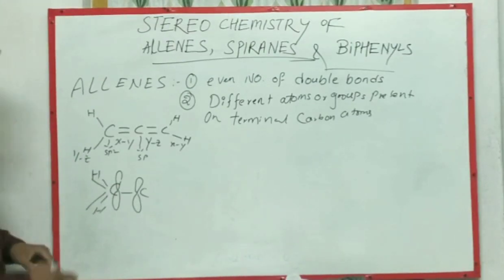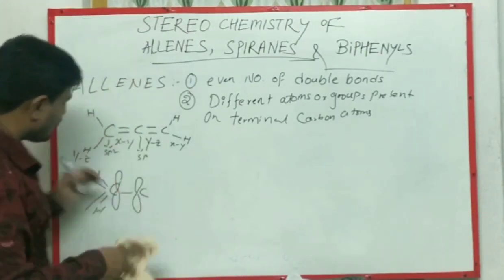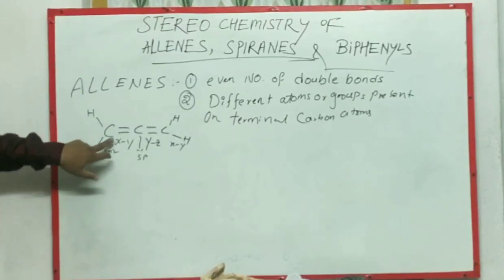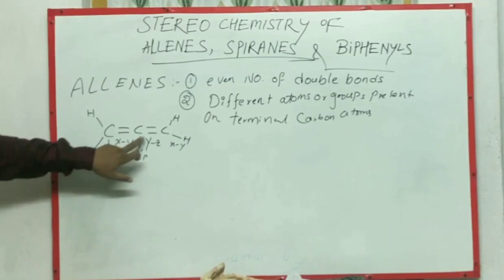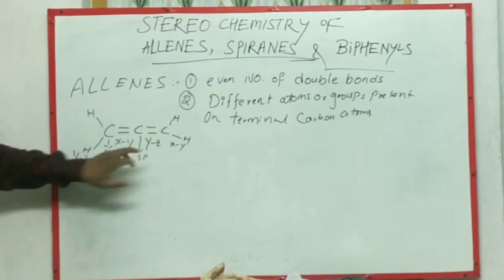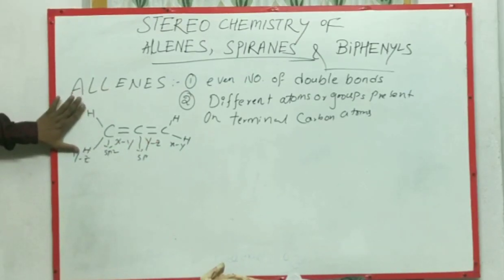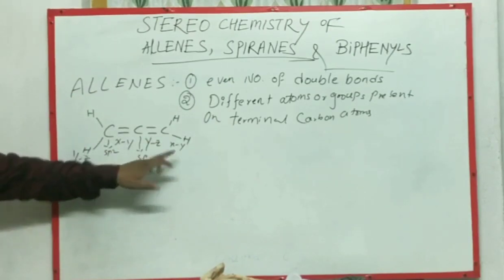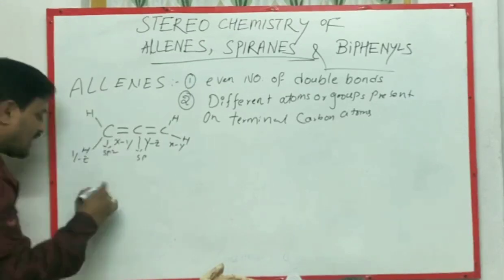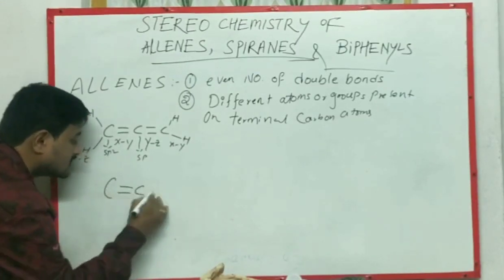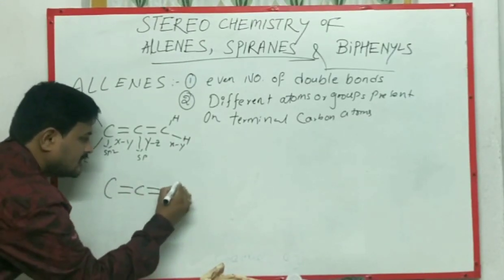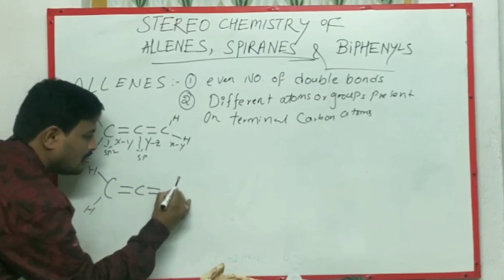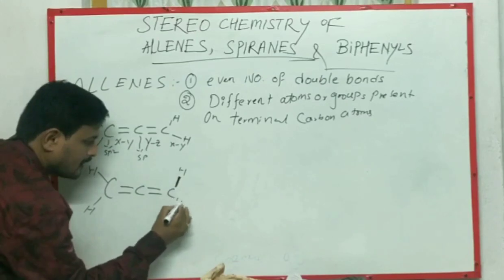Here, like this, this double bond is present in the xy plane, and this double bond is present in the yz plane. At the same time, these two hydrogen atoms are present in the yz plane, and these two hydrogen atoms are present in the xy plane. Then we write C double bond C double bond C, with one pair within the plane, and the other above the plane and below the plane.